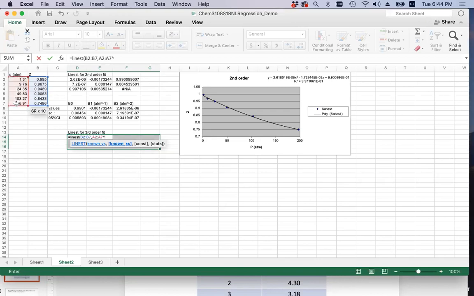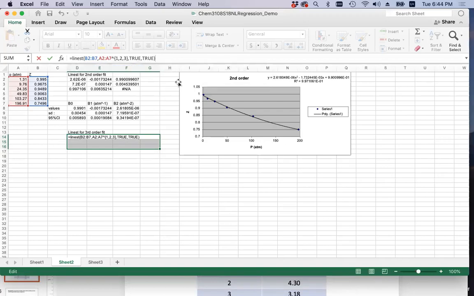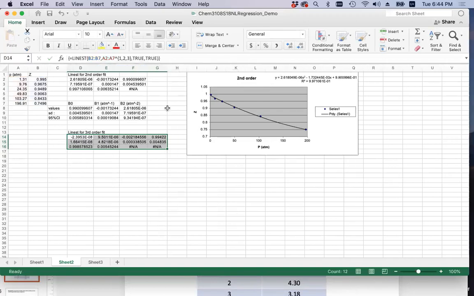I want the coefficients for x to the first power, second power, and third power in this particular fit. And then I'm going to calculate b normally and return additional regression statistics. Control Shift Enter, and here I get my LINEST parameters.